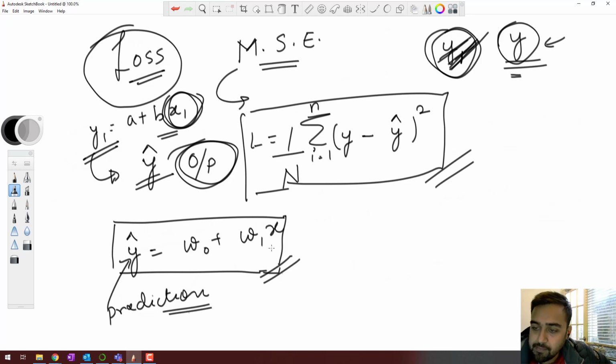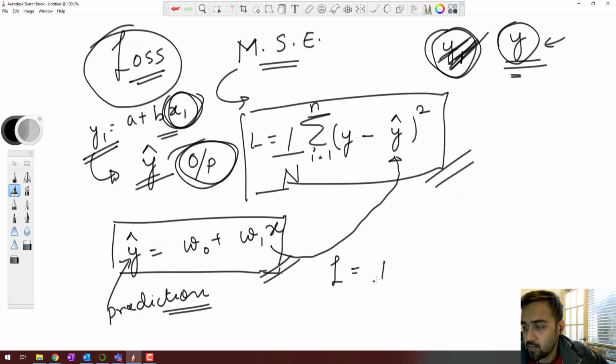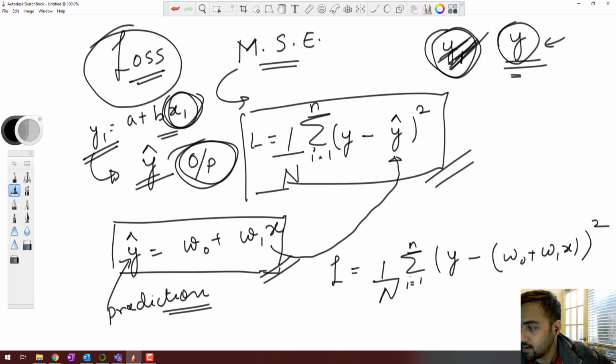Okay, so if we replace this value in this equation, our loss function becomes 1 by n sigma of i from 1 to small n, (label minus (w0 plus w1 x)) squared.